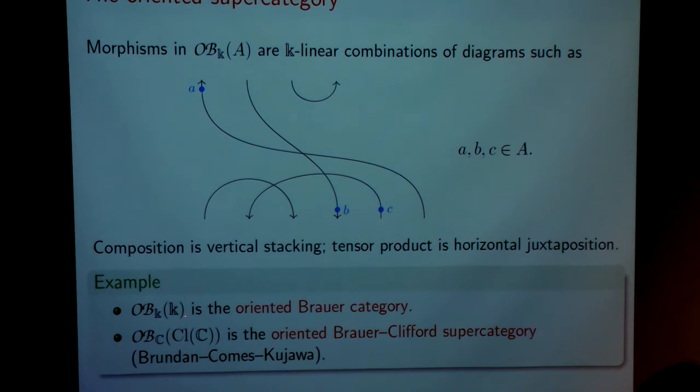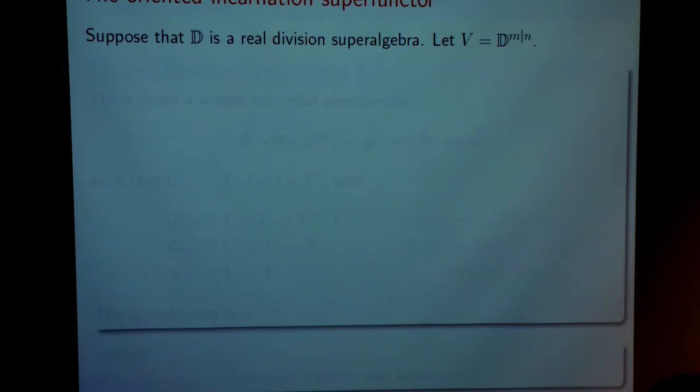If you take your division superalgebra to the complex Clifford superalgebra, you get the oriented Brauer-Clifford supercategory, which has appeared before. So in particular, those are the two choices of division superalgebra when you work over the complex numbers. So we just recover things that people have seen before. The real new stuff is when you work over real numbers that we're interested in.